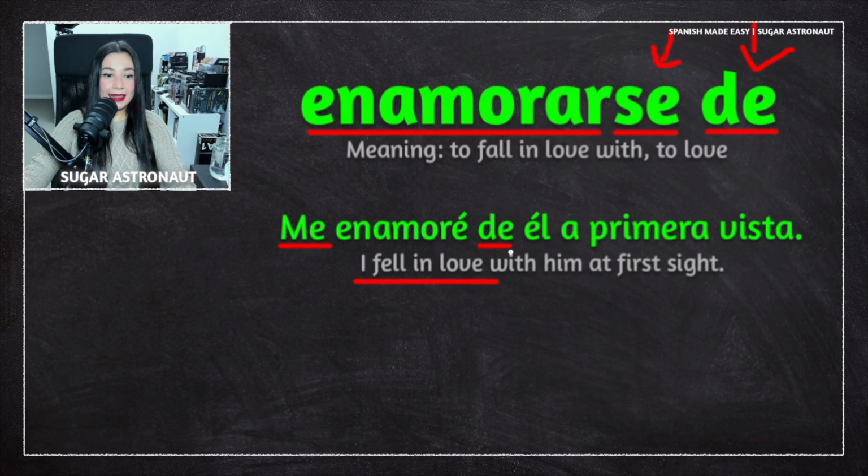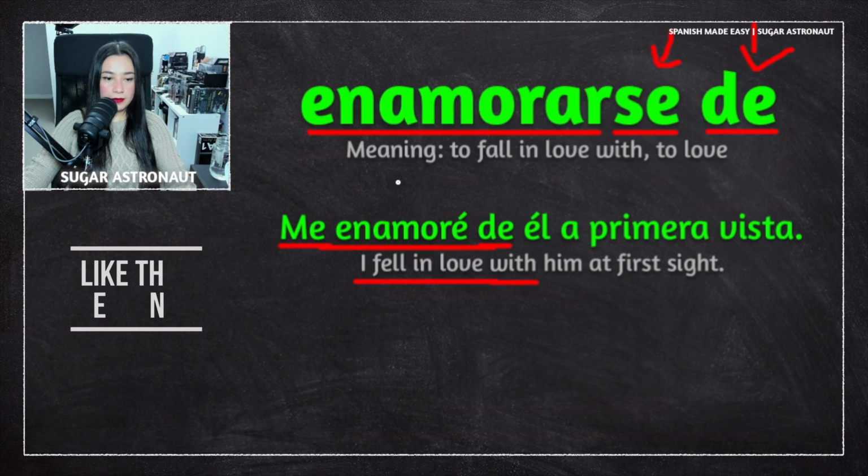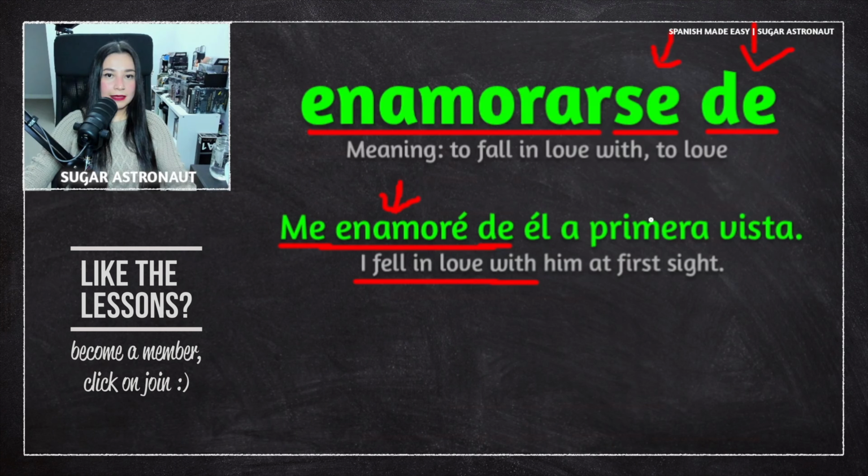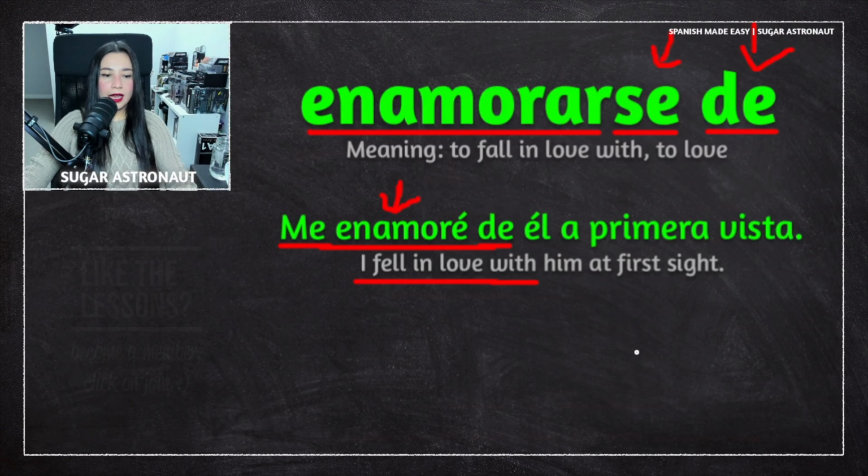When you add de, yo me enamoré de, I fell in love with. Enamoré is past tense, it already happened. So that's why it means fell, right? Me enamoré de él, I fell in love with.